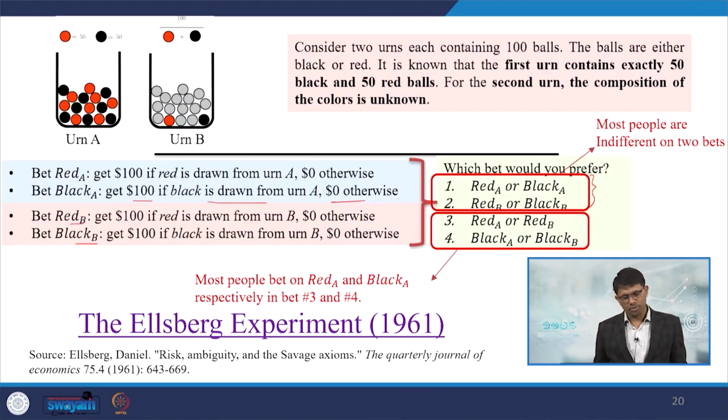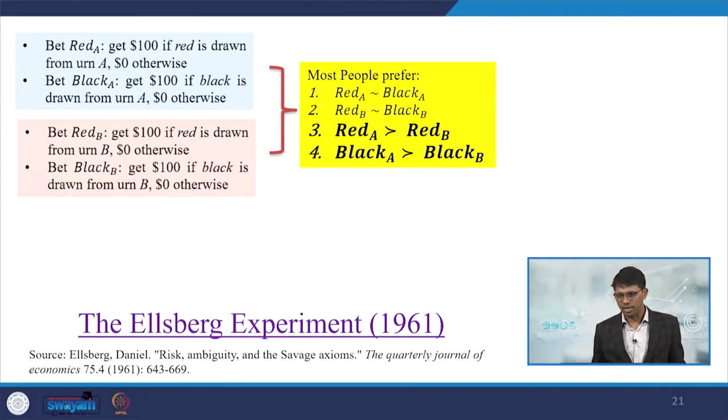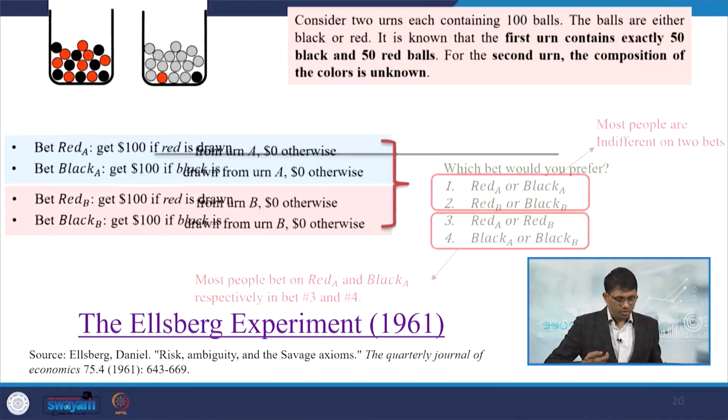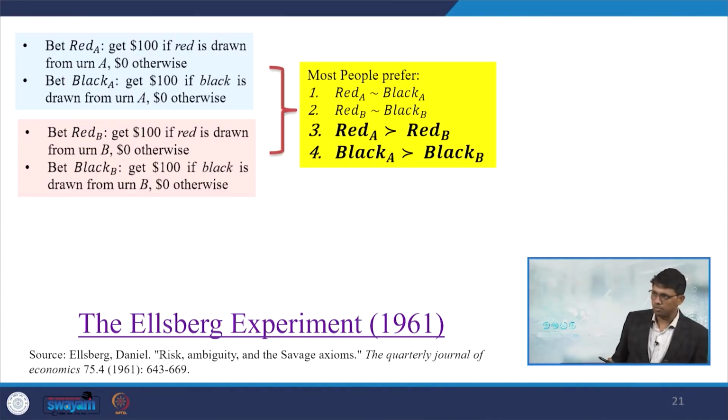You can see from the urns that red A and black A are indifferent, and red B and black B are also indifferent. However, coming to red A and red B, it is quite sure from the urns that red A is preferred over red B. Similarly, black A is preferred over black B based on the urns.